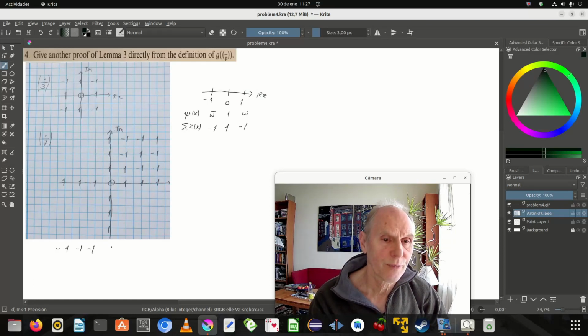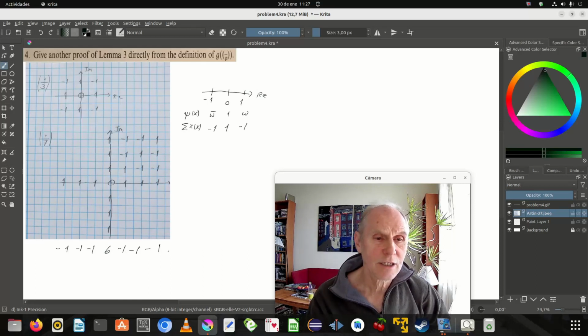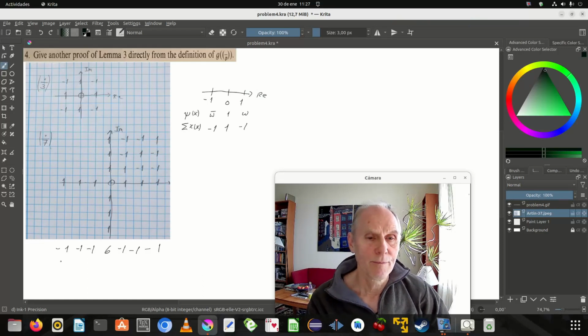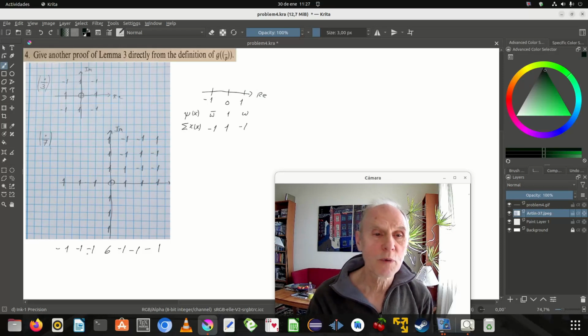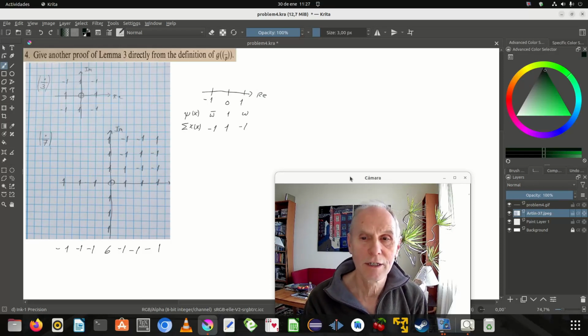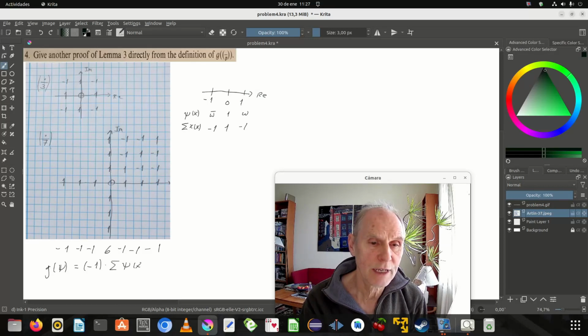And the sum on the imaginary axis is 6. And of course this adds up to naught, as it must. And then I realized if we could prove this, then it was easy, because then g of psi would be -1 times the sum of psi of x plus 6 plus 1.